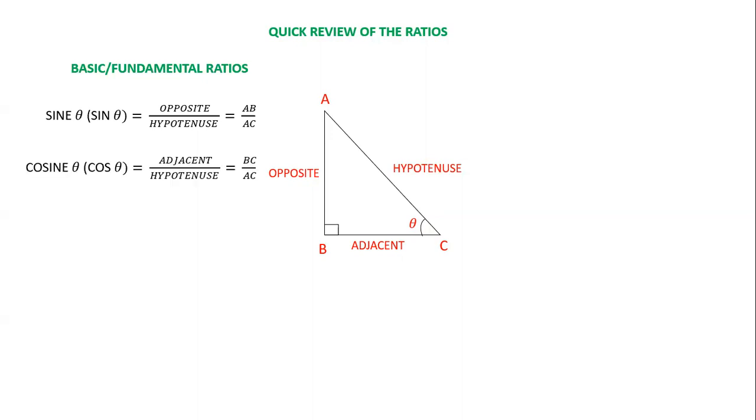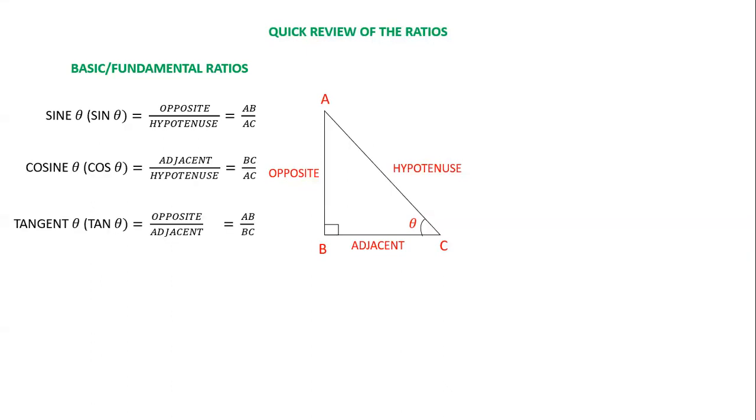Okay. Next, we go to cosine. Cosine is in short written as cos theta, and it is defined as adjacent side upon hypotenuse side. Adjacent with respect to angle theta is BC, and the hypotenuse is AC. So it is BC upon AC.